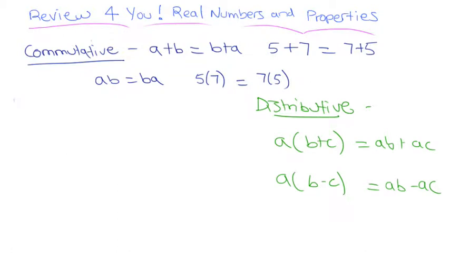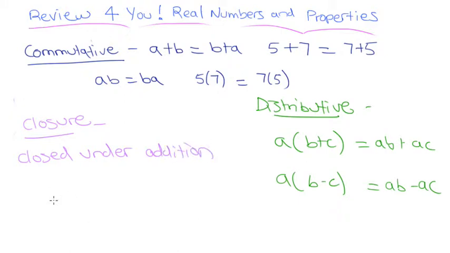It will work. Now the final property we'll discuss is the closure property, and this is a hard one in my opinion. The closure property says that a set of numbers is closed under addition if the sum of any two numbers in the set is also a number in the set. So let's say the set of whole numbers is closed under addition.